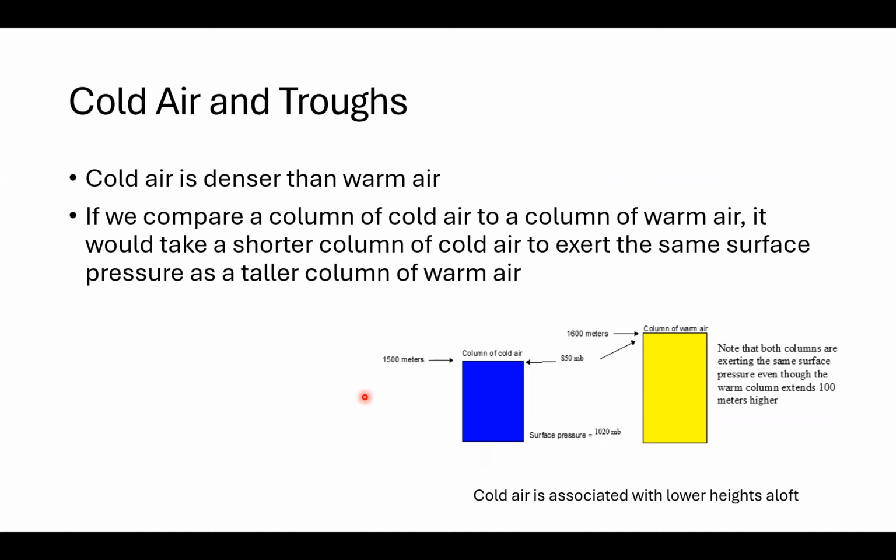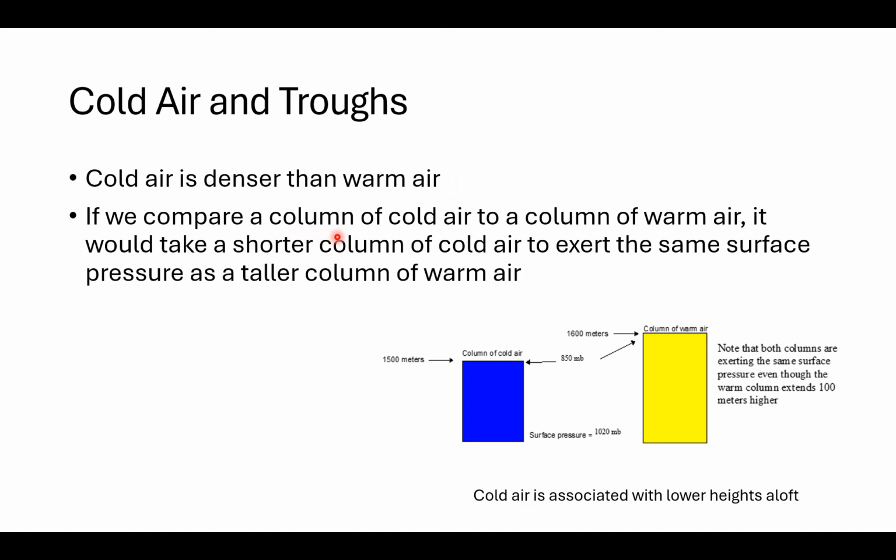So let's go ahead and start with a discussion on cold air and troughs. One thing we've talked about and alluded to in the previous training videos that I produced: cold air is denser, heavier than warm air.